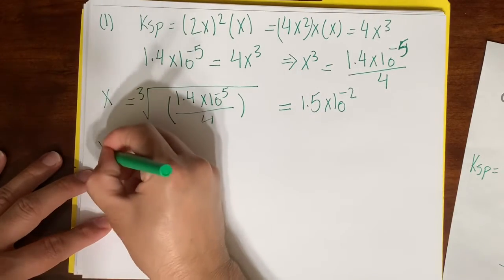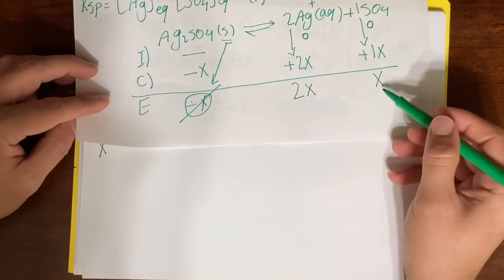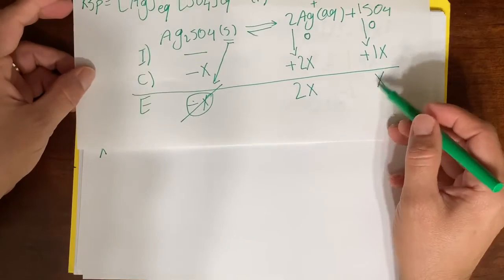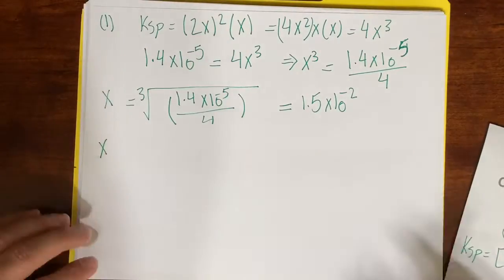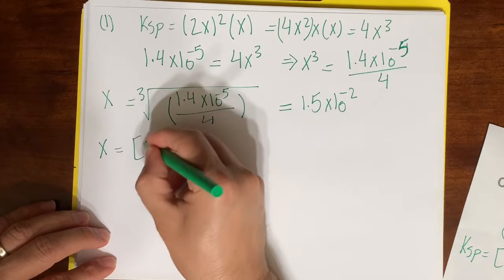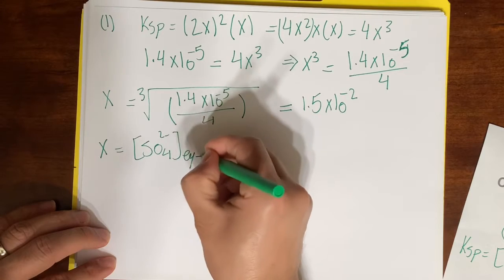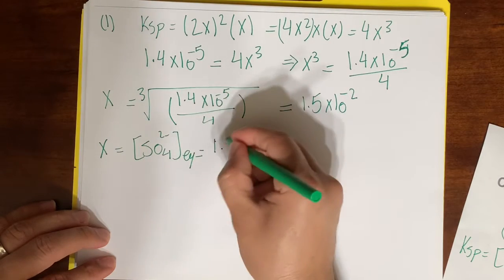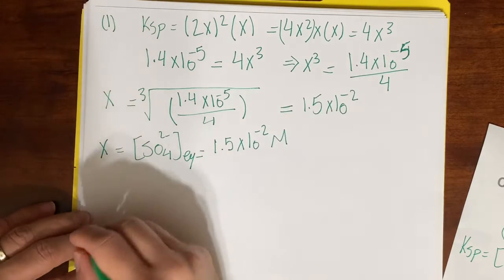Remember, based on the ICE table, x is equal to the concentration of the sulfate. So the concentration of sulfate at the equilibrium condition is 1.5 multiplied 10 to the power of minus 2 molar.